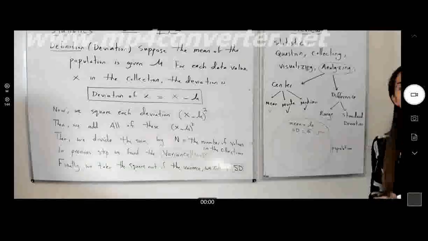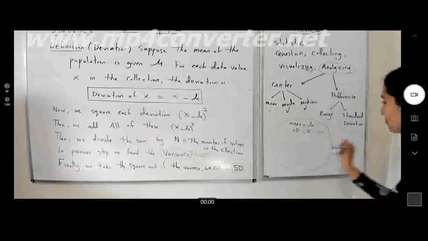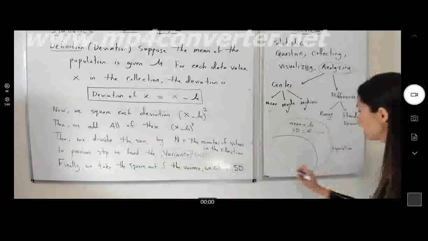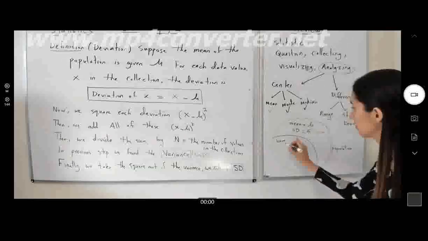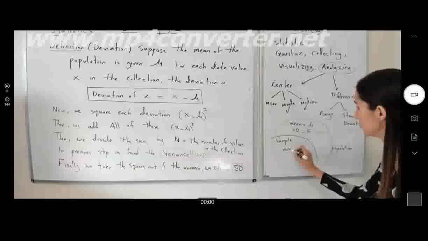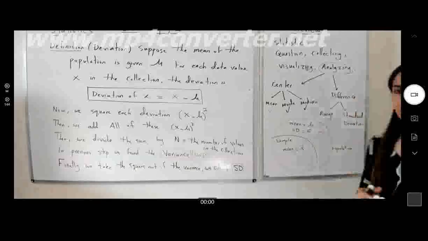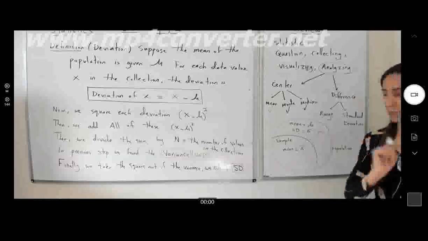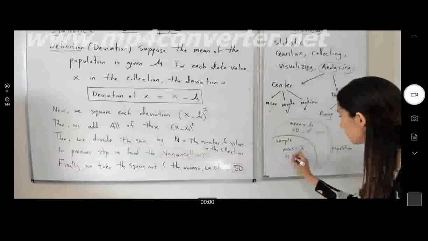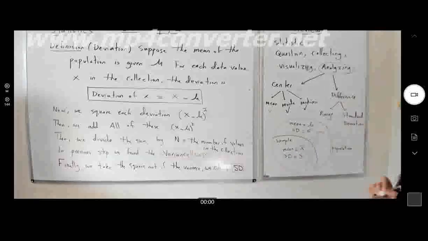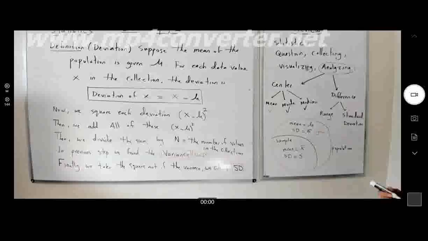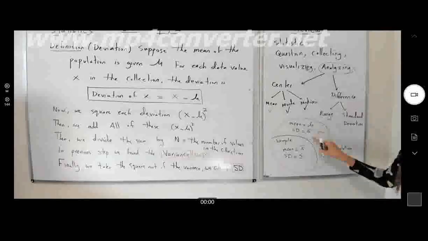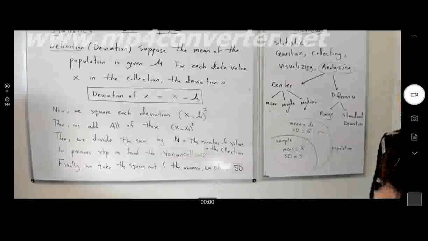When you're working with a sample, the mean of the sample is x bar, and the standard deviation of the sample is denoted by S. So know the difference between the different symbols, because they represent characteristics for either a population or a sample.